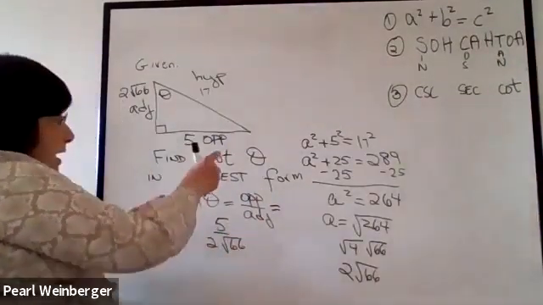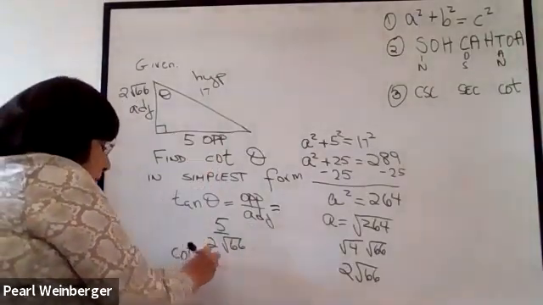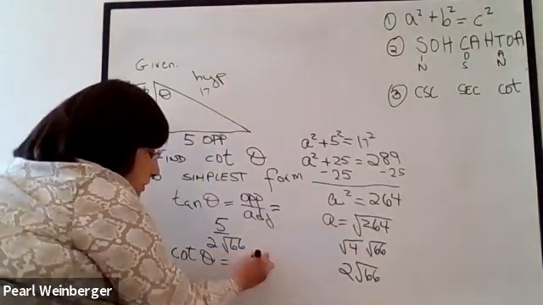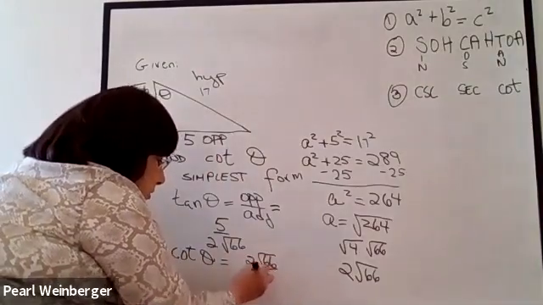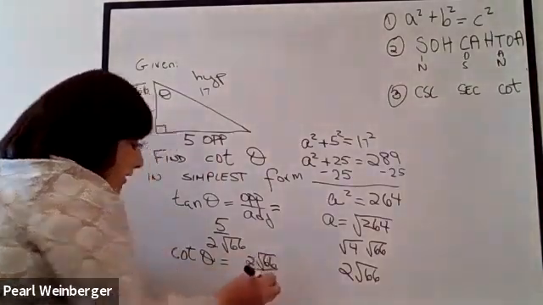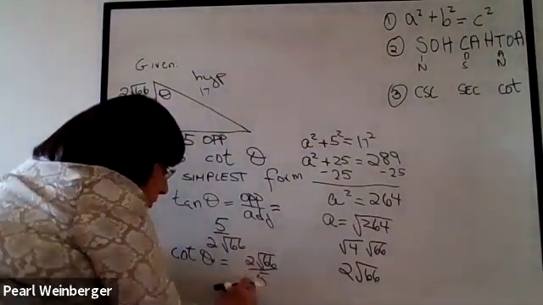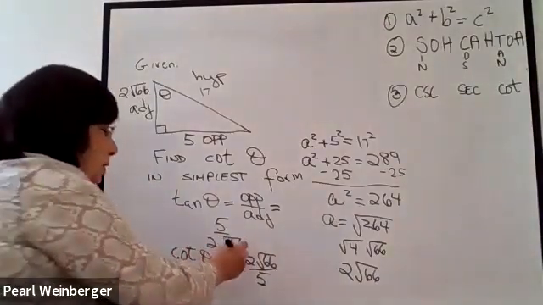Since I asked you to find the cotangent, I immediately take this and flip it over. It's the reciprocal, so it's 2 radical 66 over 5. That would be your answer in simplest radical form.